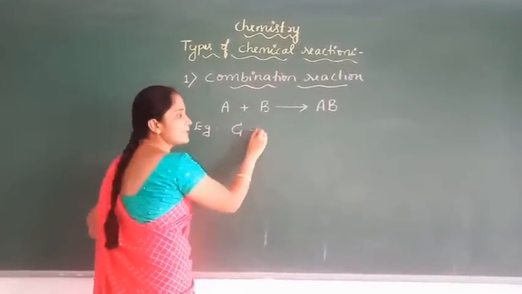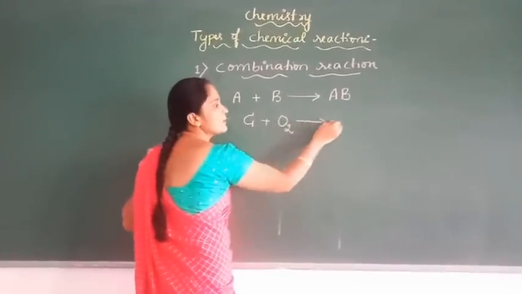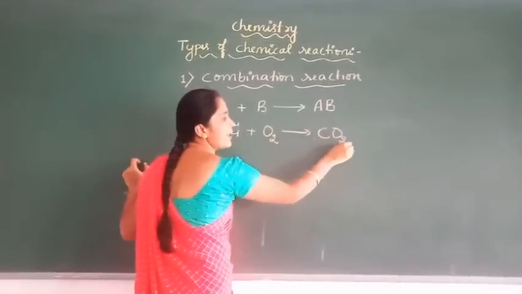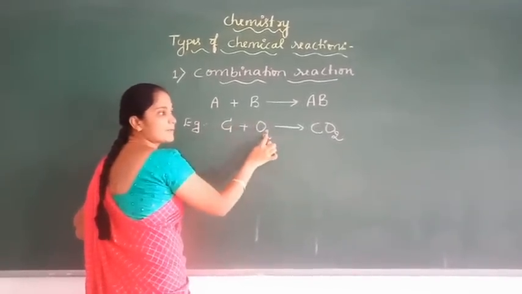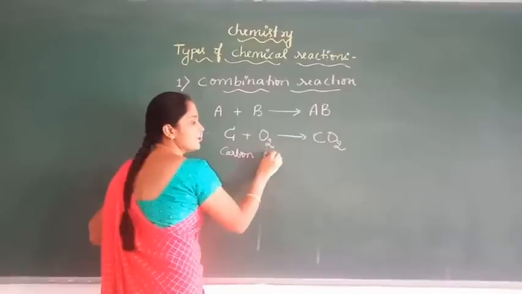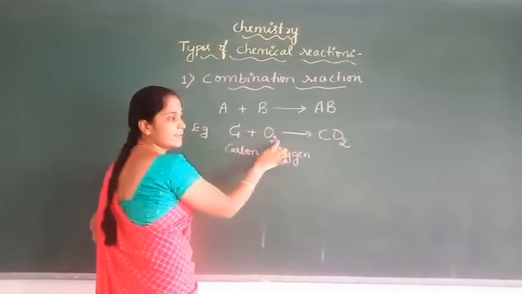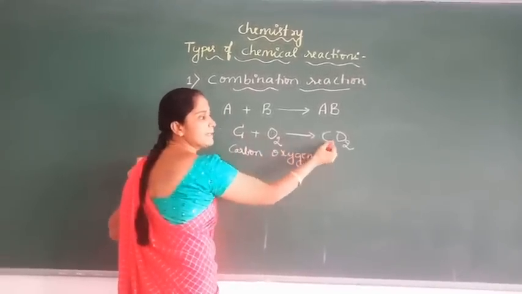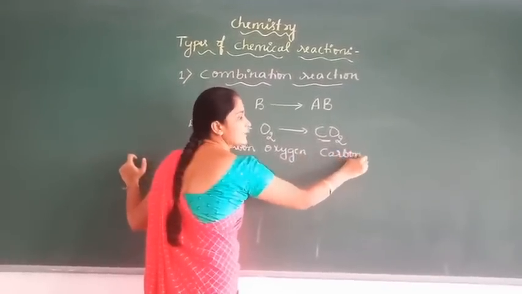For example, carbon reacts with oxygen to form carbon dioxide. Here carbon and oxygen are two substances which can combine to give a single product, that is carbon dioxide.